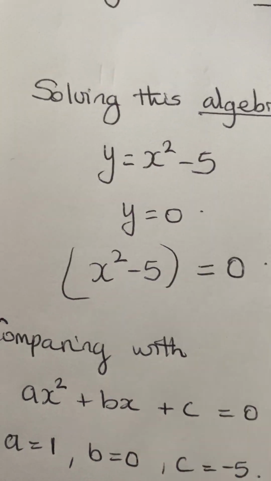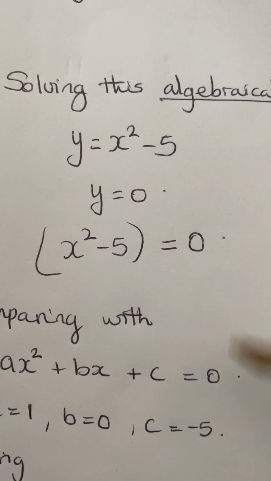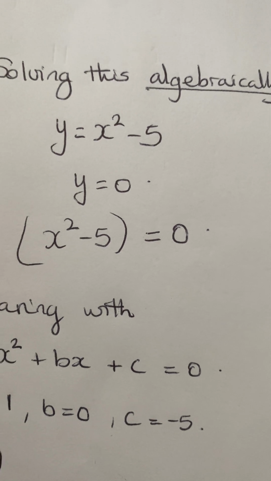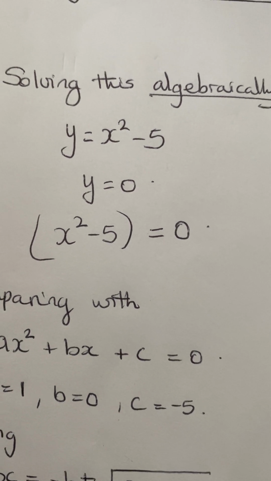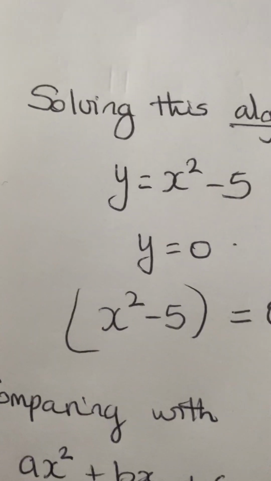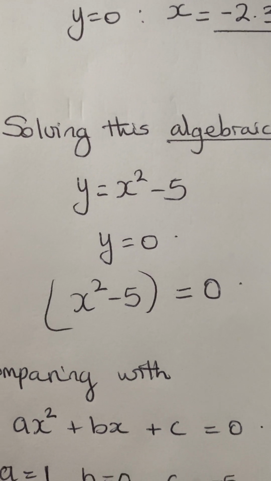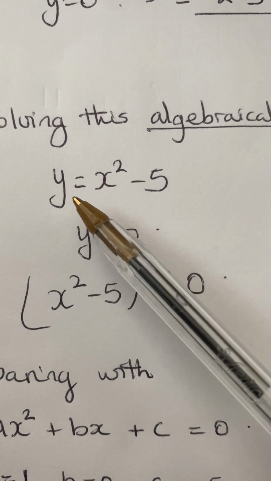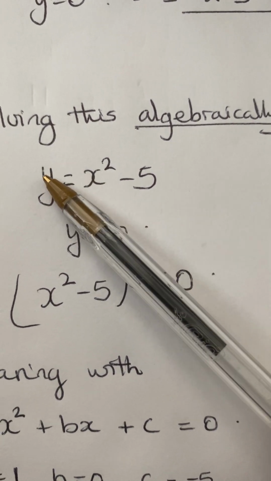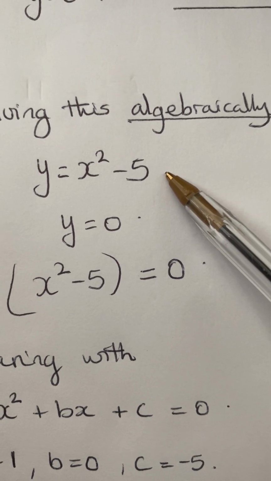Now this wasn't part of the question. I just wanted to show you again algebraically because we've done some algebra. So assuming you were not going to draw the graph and you are solving this by algebra, you are going to put y equals 0 because that's where it crosses the x-axis and equate it to this equation.